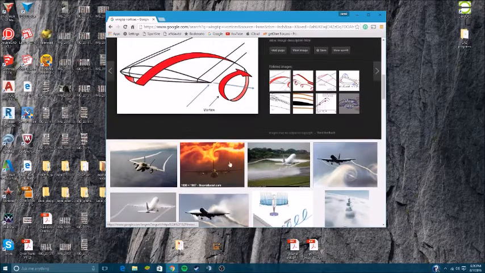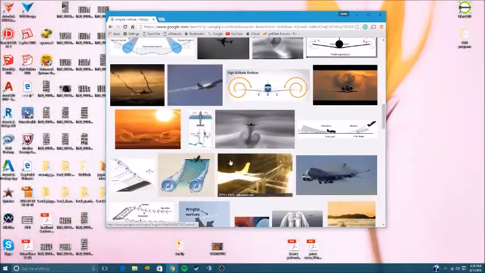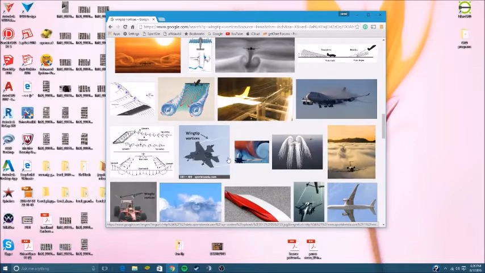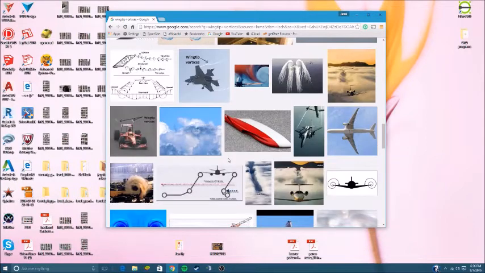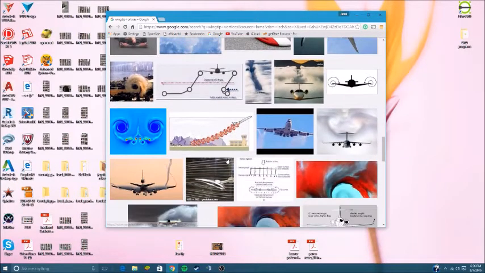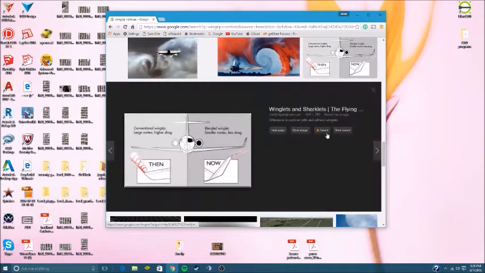Now one of the ways to counteract this problem is to have these special wingtip things right here.